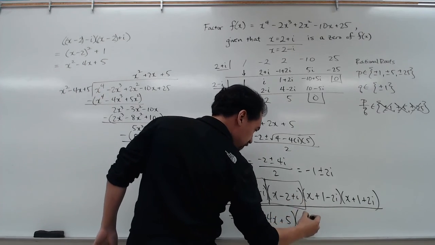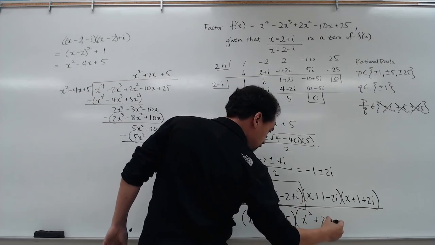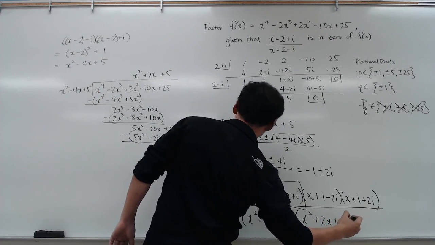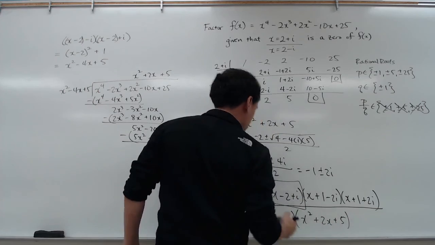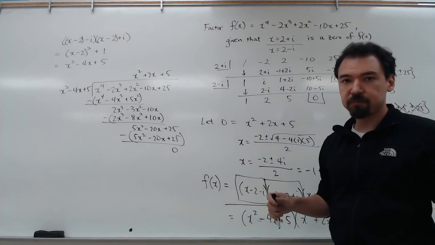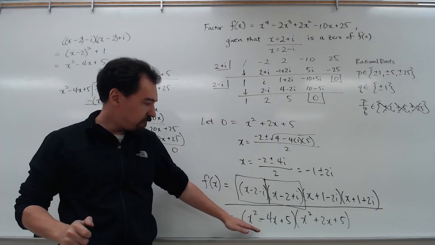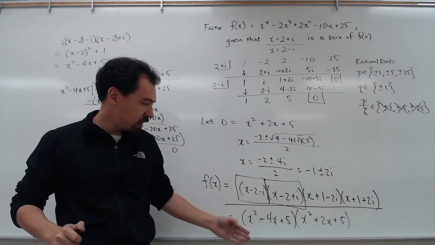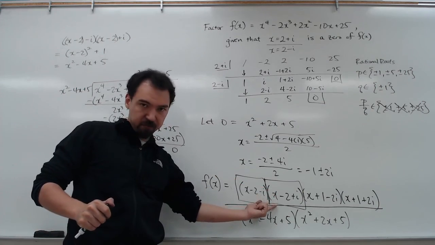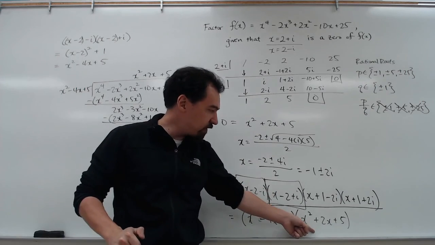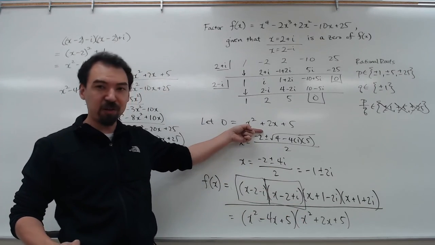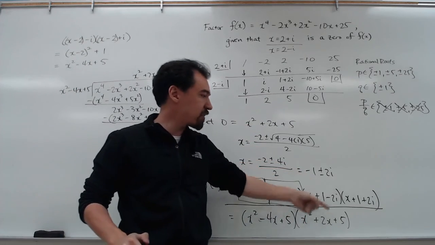And then here is going to be x squared plus 2x plus 5, which is that. Okay, so now that I have this factorization, if I want to go back to here, I already know where this came from. That came from those two factors. I can take this and use the quadratic formula to get the last two factors.